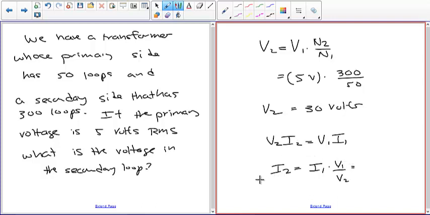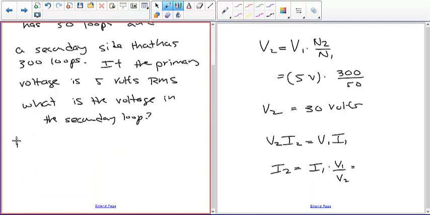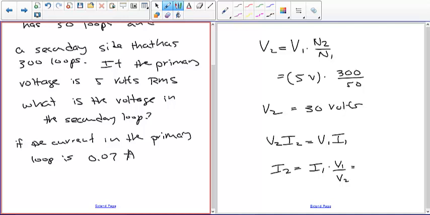So the next part of the question is, if the current in the primary loop is, let's say, 0.07 amps, what is the current in the secondary loop?